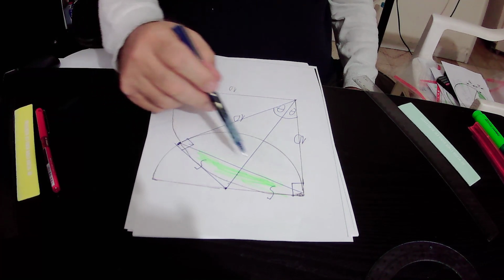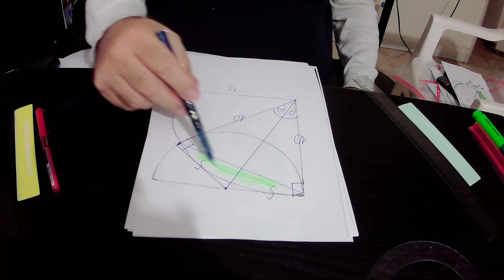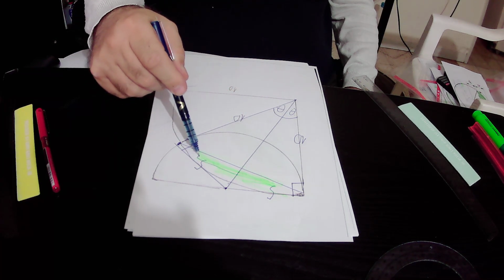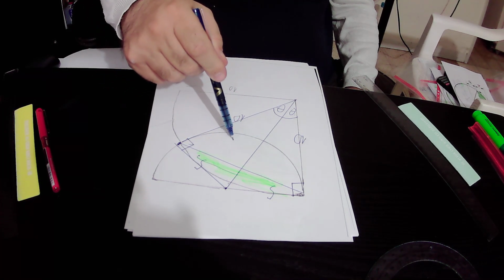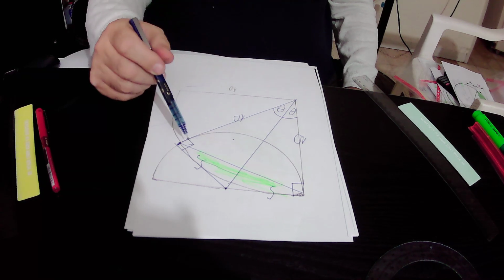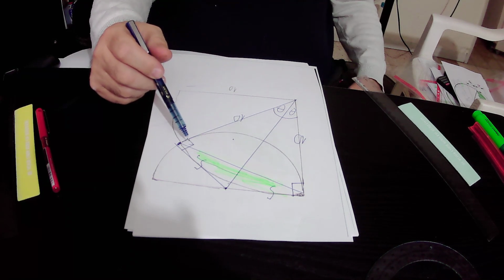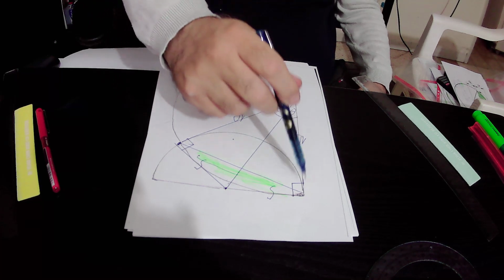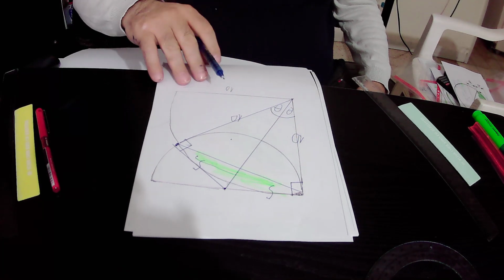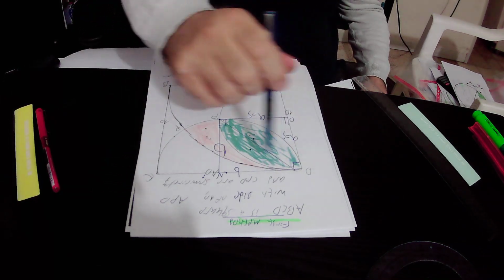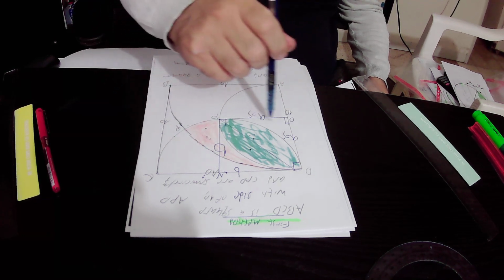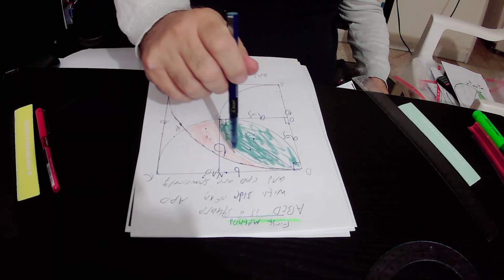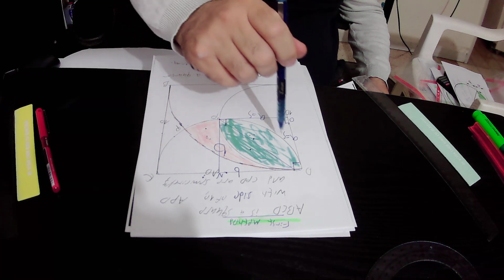First of all, we will find out the area of the upper circular segment. Then we find out the area of the lower circular segment. We will add them together. In this way, we will find out the area of this big lens, and then we will subtract the area of the blue lens.